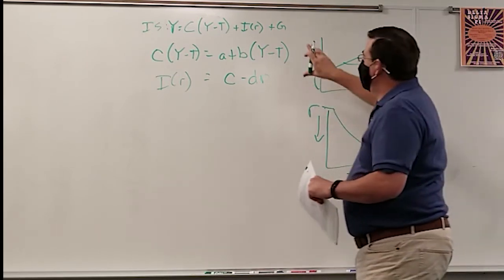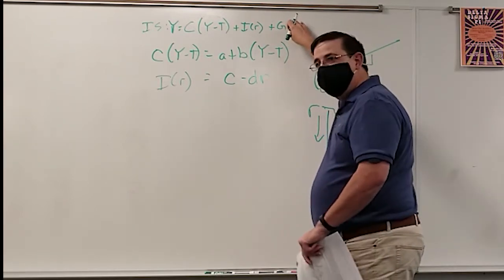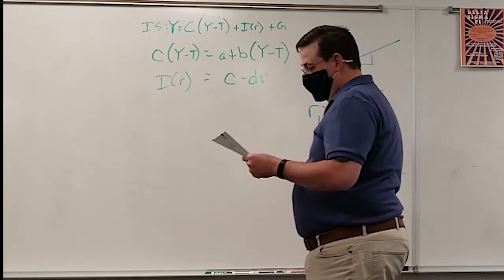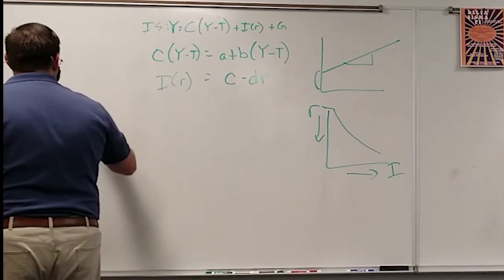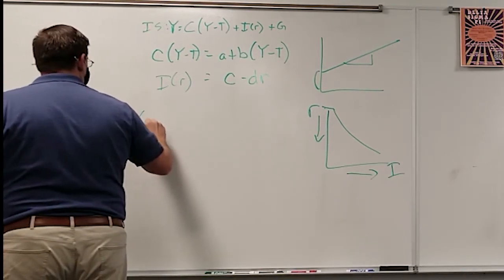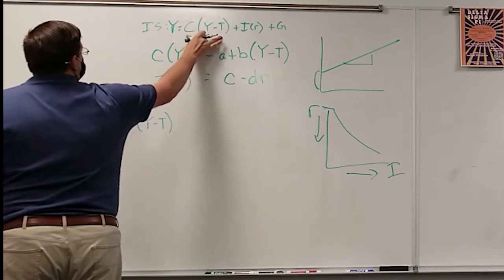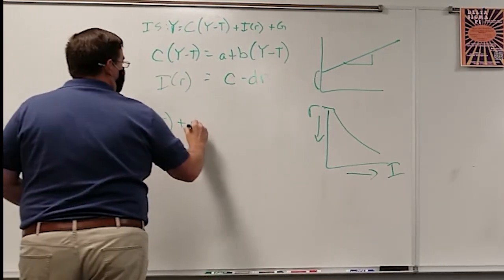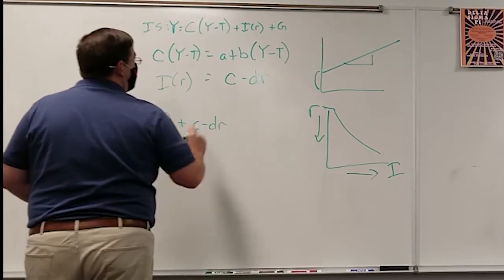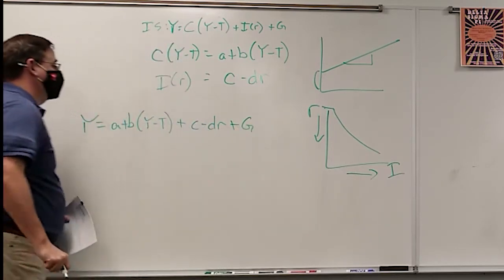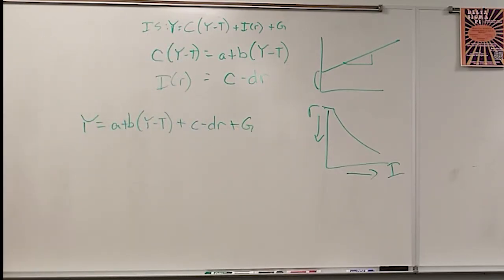What happens if I take these pieces and plug them into this and try to work it out? So I can say that y is equal to a plus b times y minus t, this is taking the place of this, plus c minus dr plus g. Okay? Now I've linearized this whole thing.